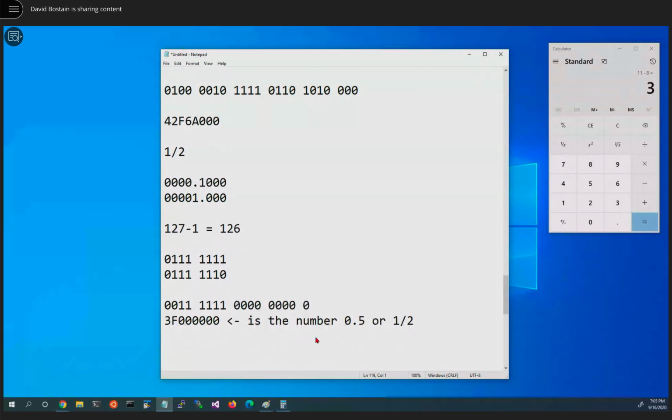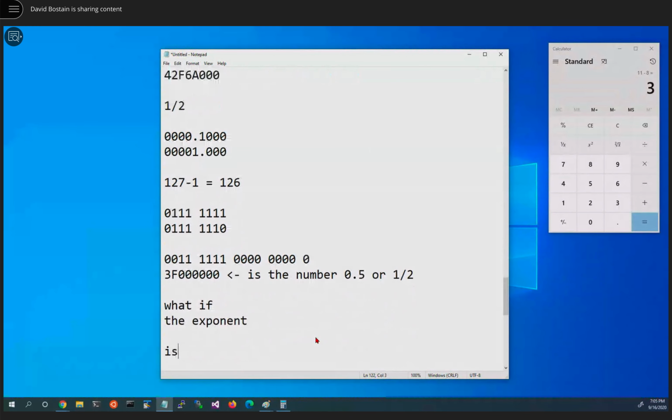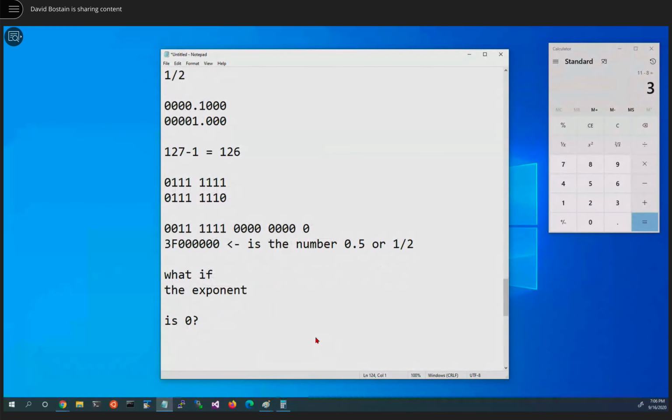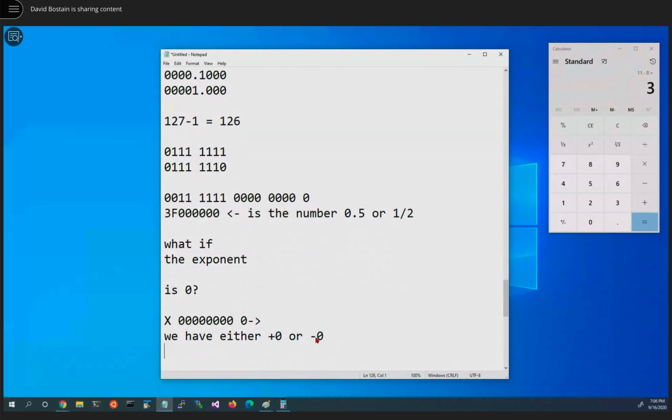Here are the special cases. What happens if the exponent is 0? Well, let's assume we don't care what the sign is. It's anything. But if the next 8 bits are 0 and all the remaining bits are 0, we have either plus 0 or minus 0.